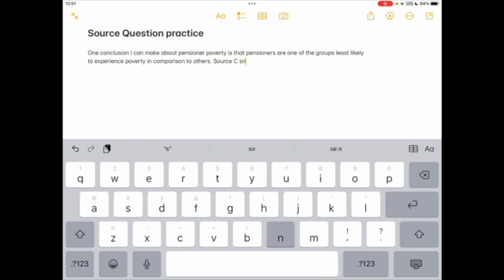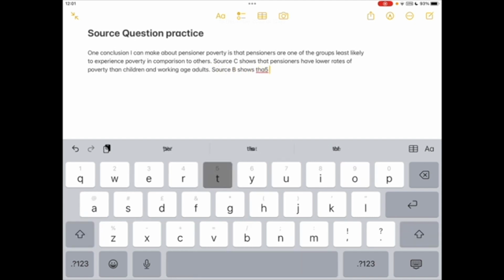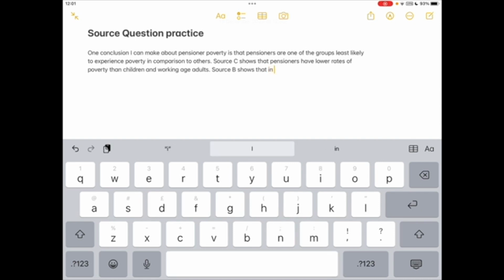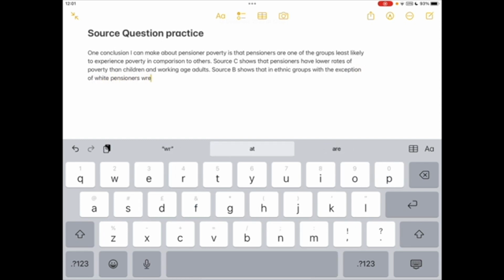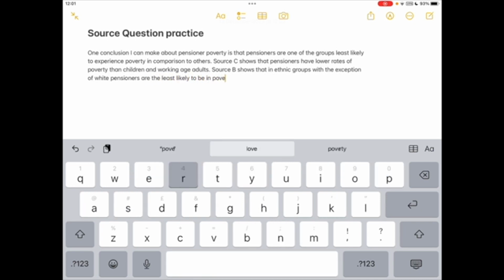Source C shows that pensioners have lower rates of poverty than children and working age adults. Source B shows that in ethnic groups, with the exception of white, pensioners are the least likely to be in poverty.